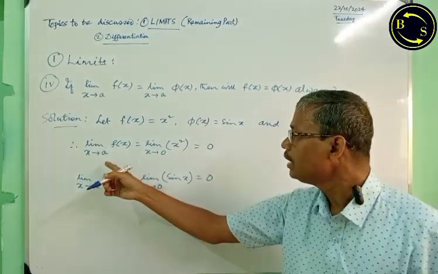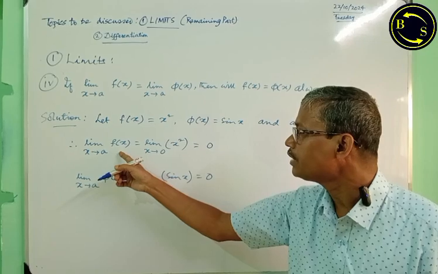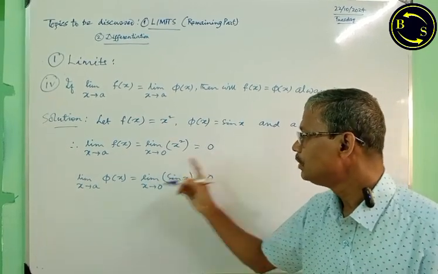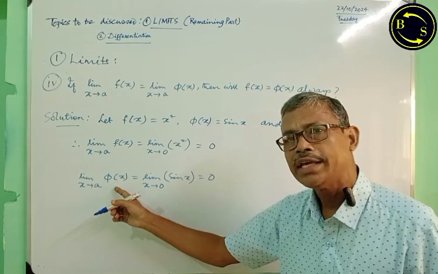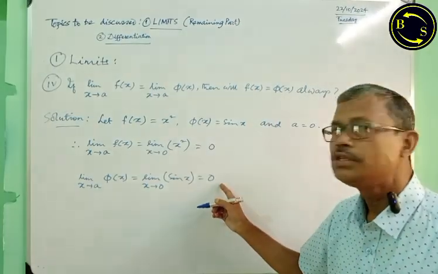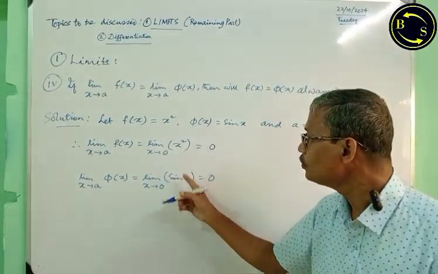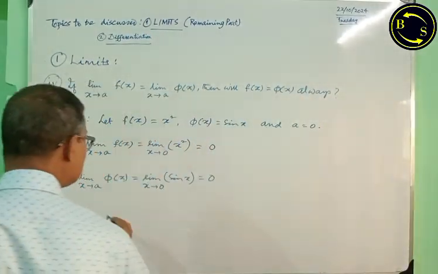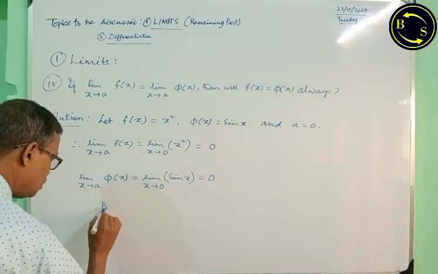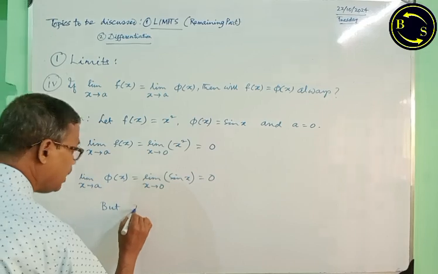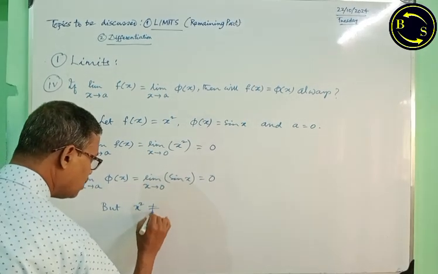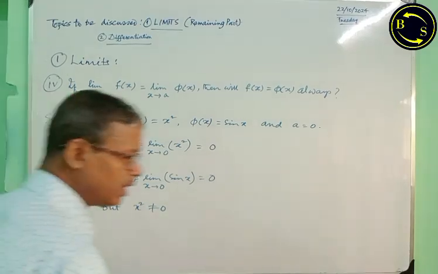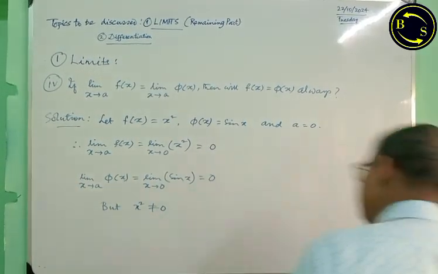Thus, we see limiting value of f(x) is equal to 0. Also, limiting value of phi(x) is equal to 0. But you see, these two functions are not same. x square is not equal to sin x.